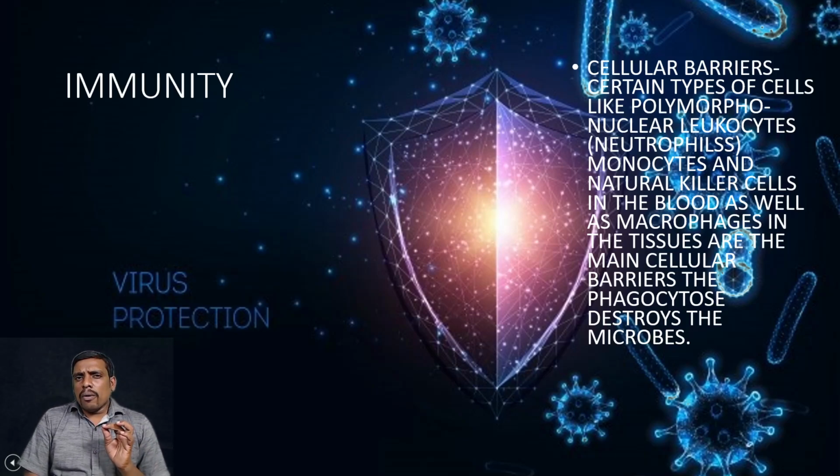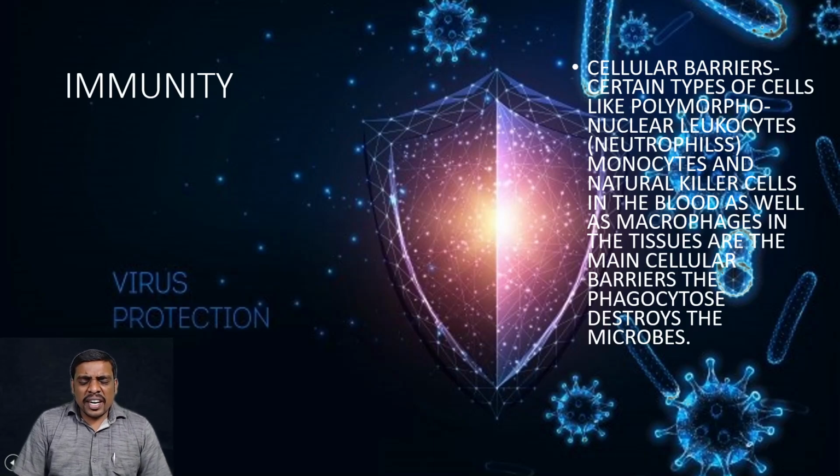So like polymorphonuclear leukocytes. What are polymorphonuclear leukocytes? They are nothing but the important cells called neutrophils. Neutrophils are considered, as we know, the microscopic policemen of the body. Neutrophils contain a multi-lobed nucleus with granules. All these points we have discussed in the previous sessions.